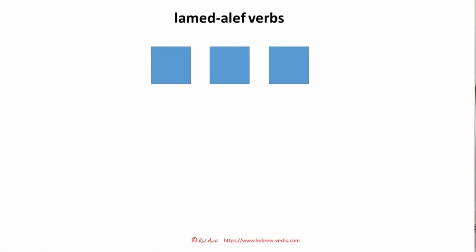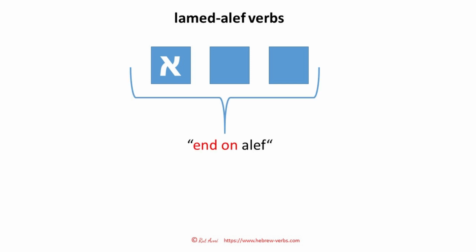So let's see. We are talking about Lamed Aleph verbs. What on earth is that? Well, I just said it in the introduction. These are verbs that have a root that looks like this, which means we are talking about roots that end on Aleph. And now we are going to translate that. What does that mean, end on Aleph?